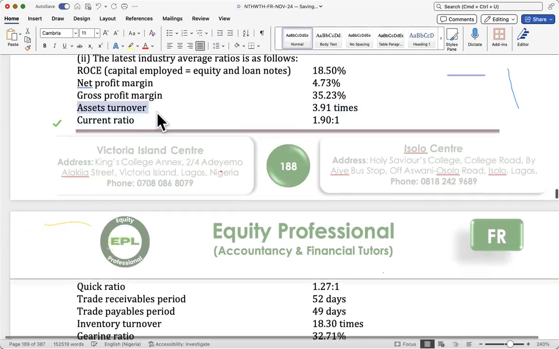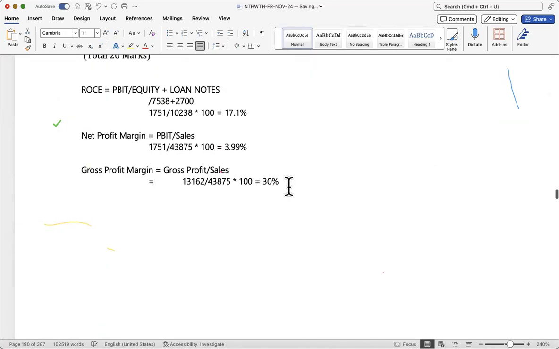How about asset turnover? Asset turnover is sales over capital employed. Correct. I already have my sales as 43875. What will be my capital employed? Equity and reserves plus interest-bearing loan.